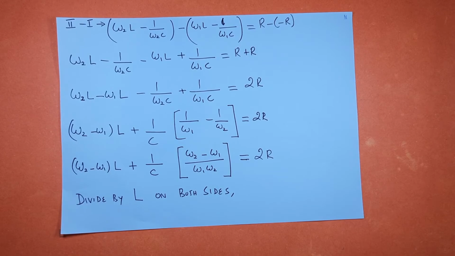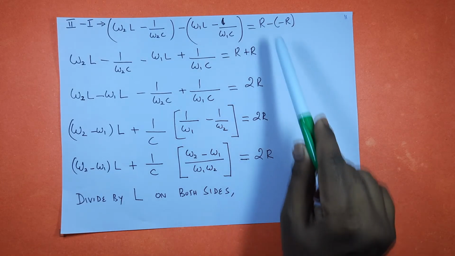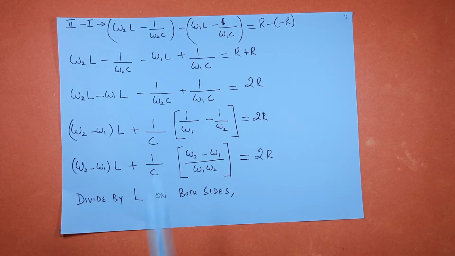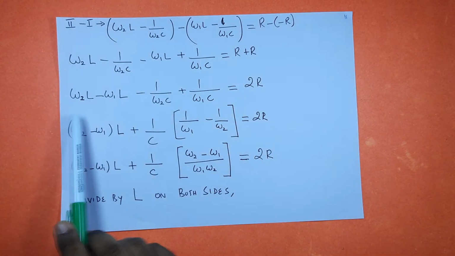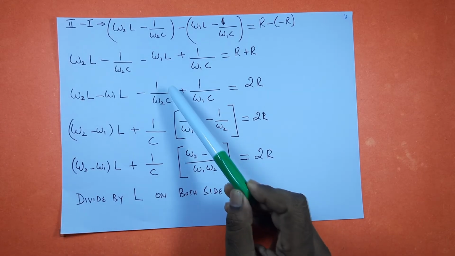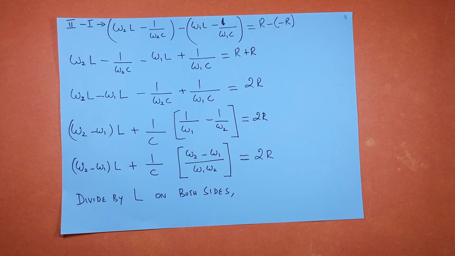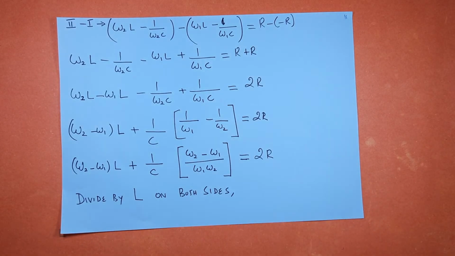So 2 minus 1, we write omega 2 L minus 1 by omega 2 C minus of (omega 1 L minus 1 by omega 1 C) equal to R minus of minus R. So omega 2 L minus 1 by omega 2 C minus omega 1 L, minus into minus will become plus 1 by omega 1 C, equal to again minus into minus will become plus R. So now I group the similar terms: omega 2 L minus omega 1 L minus 1 by omega 2 C plus 1 by omega 1 C, R plus R is going to be 2R.